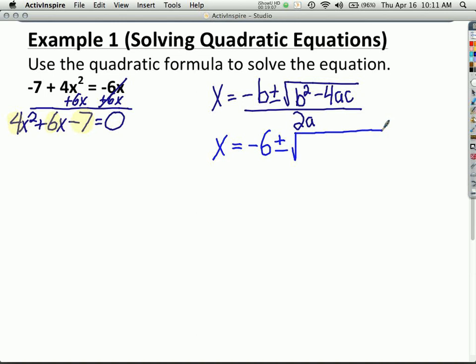B squared, 6 squared, minus 4 times a, which is a 4, times c, which is a negative 7. The whole thing is divided by 2 times a, which is 4.